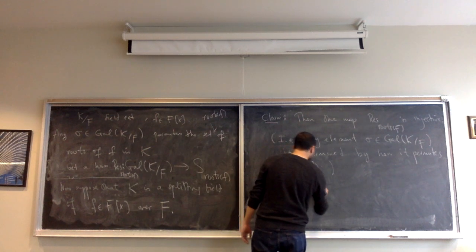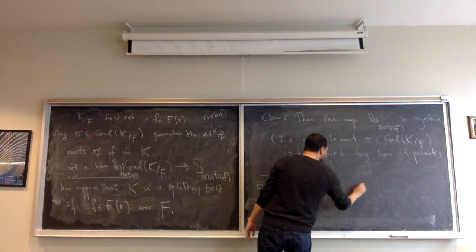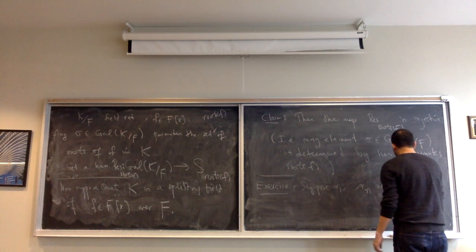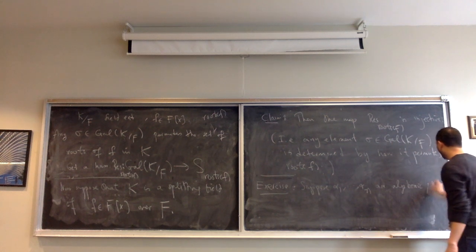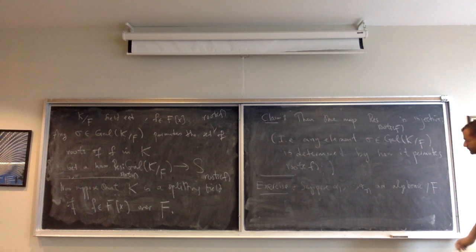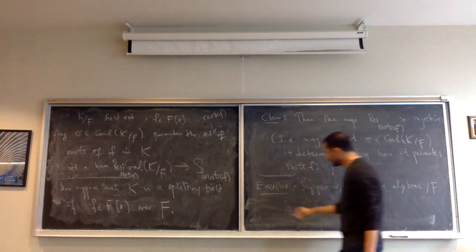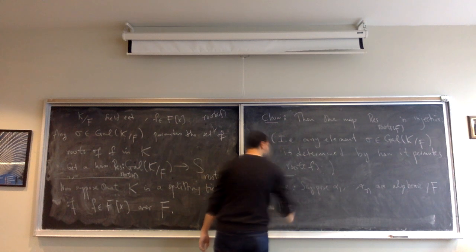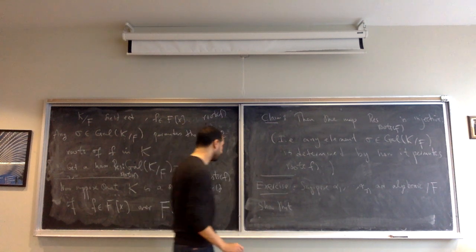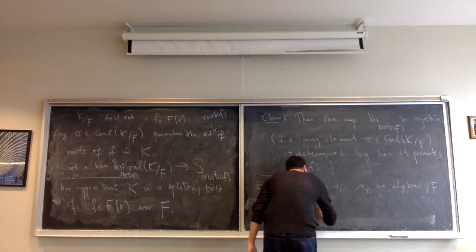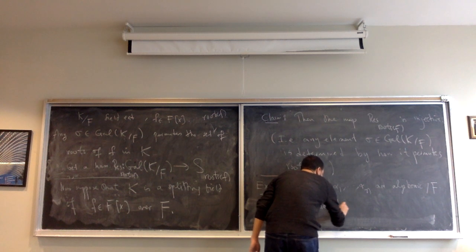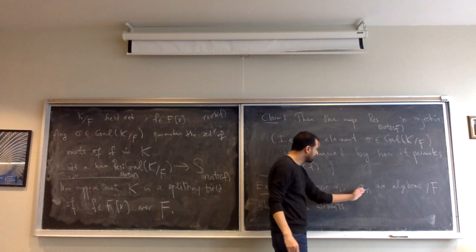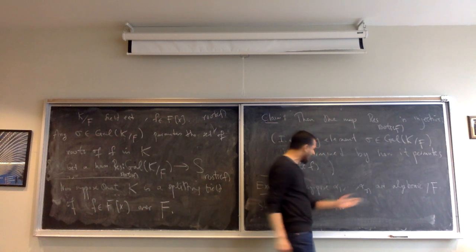Suppose alpha 1 to alpha n are algebraic over F. Show that the elements, so a product of negative powers of these alphas.